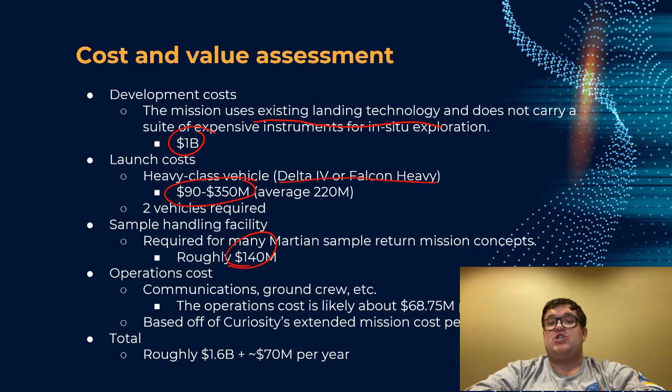Finally, operations cost, ground crew, communications, etc., would likely be comparable to the present-day Curiosity rover, which runs about $70 million per year. Therefore, the cost of this mission is somewhere in the neighborhood of $1.6 billion in initial costs, plus $70 million per year in operating costs.